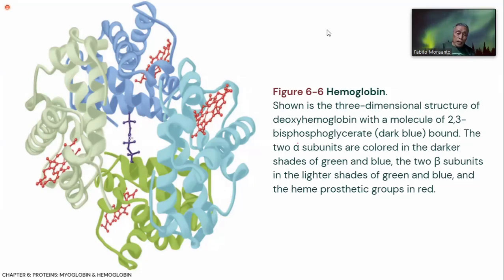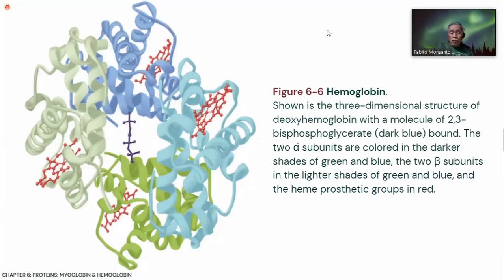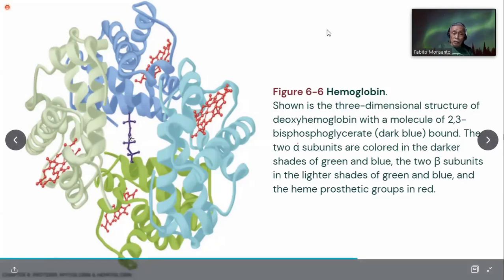Once they are there, the subunits of the hemoglobin are in a tense, very tense position or configuration. It has no freedom to move around when this is present.